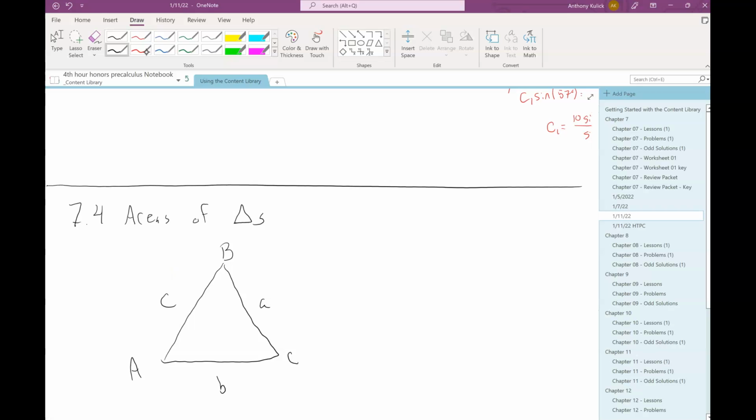If you went all the way back to your geometry class, what was the area formula you used to find the area of a triangle? Half BH. Yeah, 1/2 base times height.